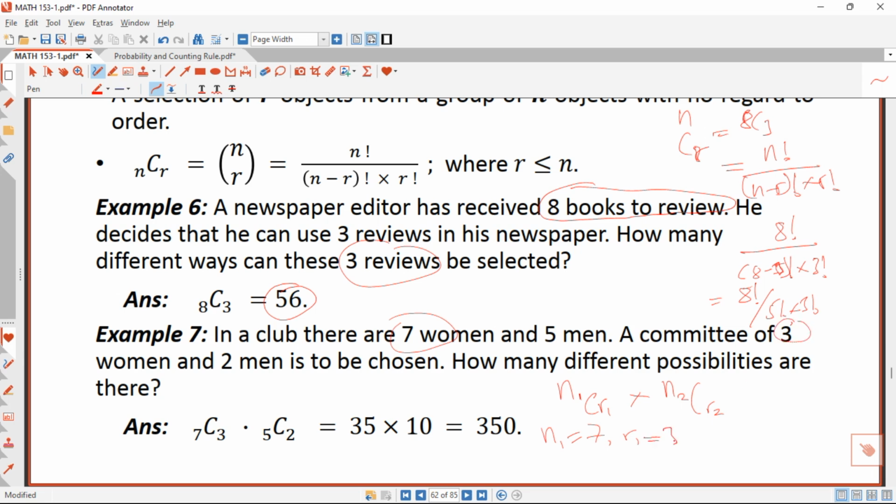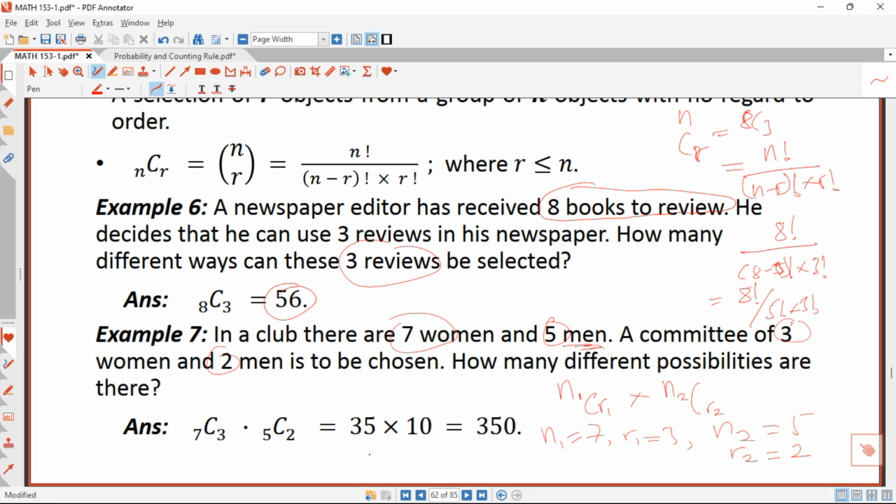N2 is equal to 5, the total number of men. And R2 represents the men in the committee being selected, which is 2. So right now we have our N1, R1, N2, and R2.